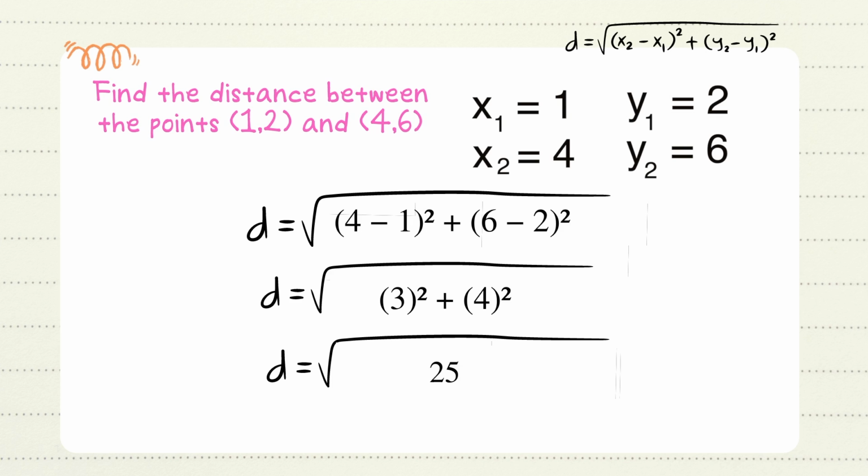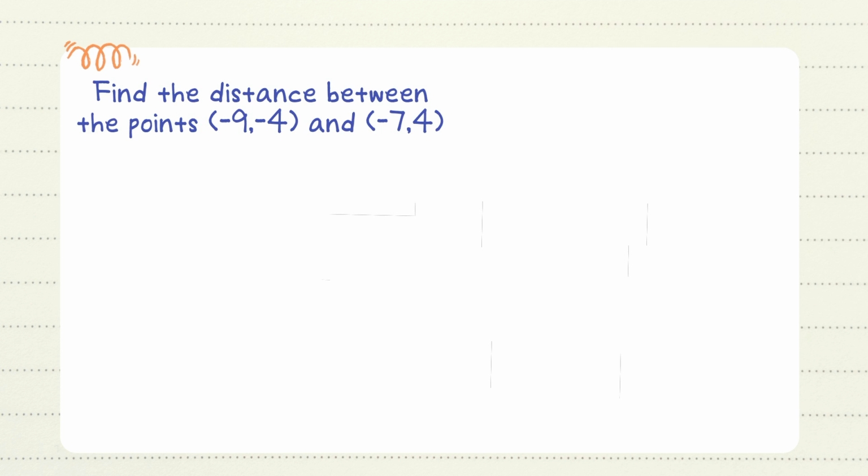So d equals the square root of 25. 25 is a perfect square, so we can take the square root of 25 and get 5. d equals 5. So this means the distance between 1, 2 and 4, 6 is 5 units.